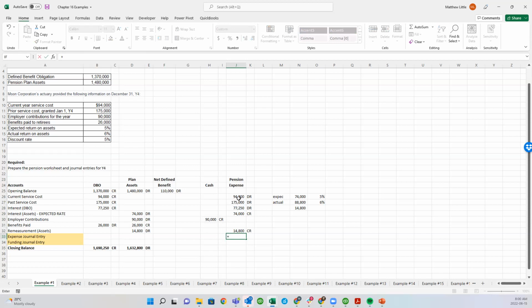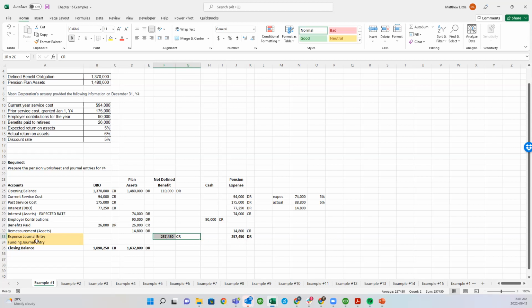So we'll add our debits minus our credits. So we'll have a debit to pension expense for the year of $257,450. And that will be an entry to our net defined benefit as a credit because we need to balance the journal. It'll be a credit to our net defined benefit and a debit to pension expense.